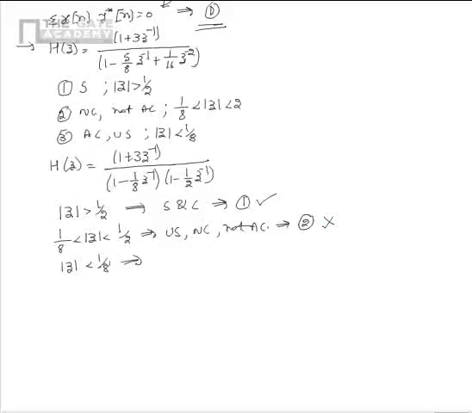In case of the third ROC mod z less than 1 by 8, we see that the system is anti-causal and unstable. From this, we see that statement 3 is correct. So we can say that for the given system function, statements 1 and 3 are correct, but statement 2 is not correct.